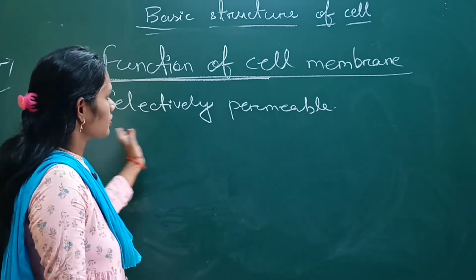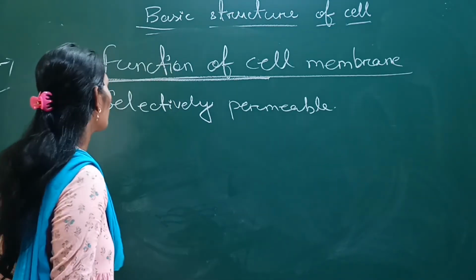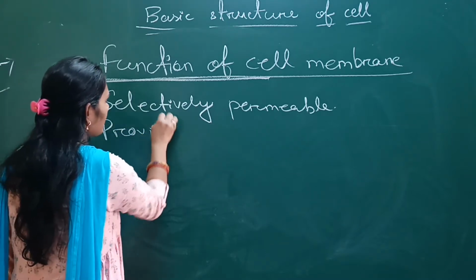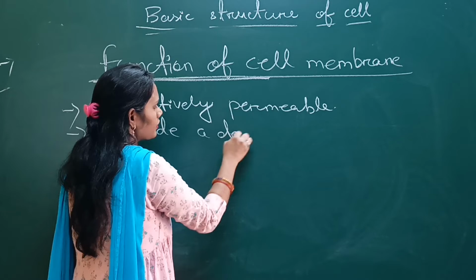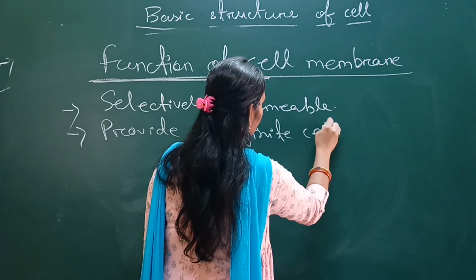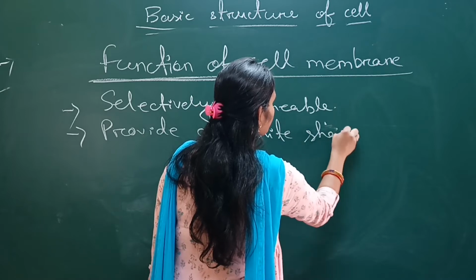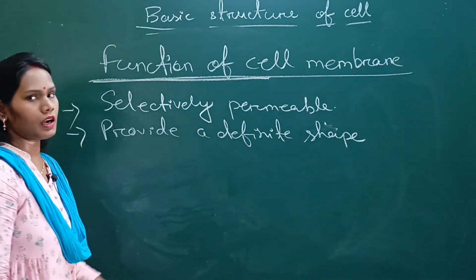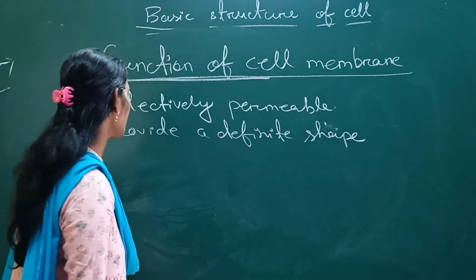So that's why it is called selectively permeable. Next, it provides a definite shape to the animal cell because it is the outermost layer of the animal cell.